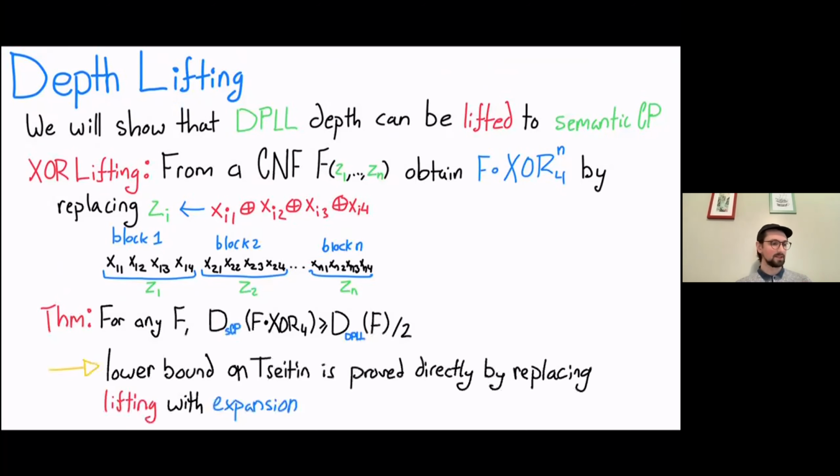And then we get the Tseitin lower bound. The Tseitin lower bound isn't proved by using this lifting theorem, but basically all the nice ideas that we use for proving the depth lower bound on Tseitin are used in order to prove the lifting theorem. The lifting theorem is nicer to state. Once we have this lifting theorem, we do the standard thing and we replace lifting with expansion.